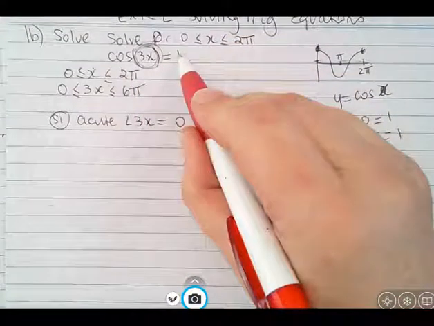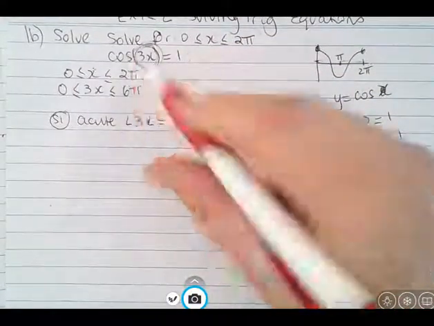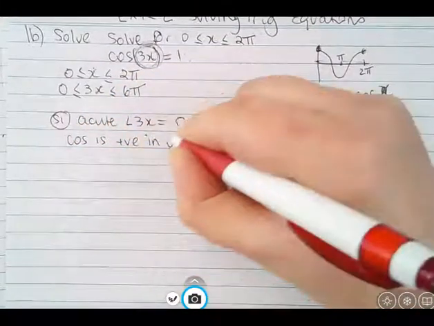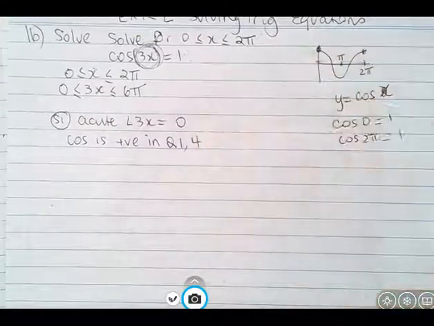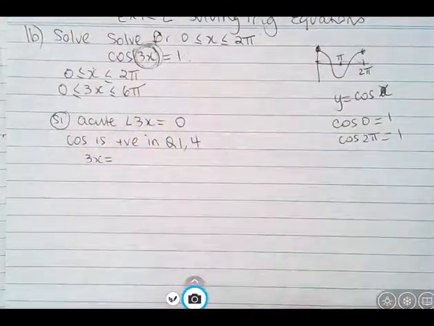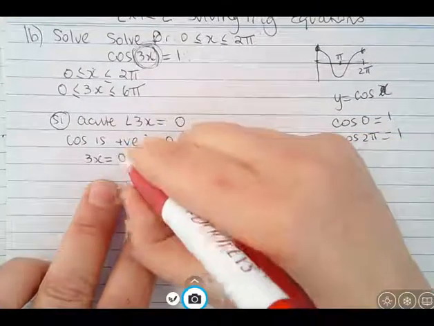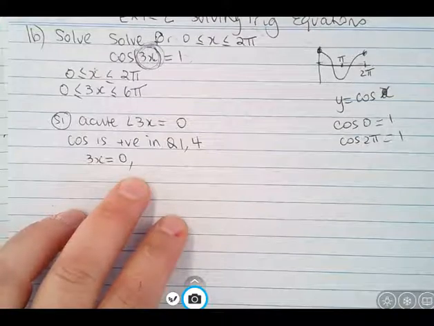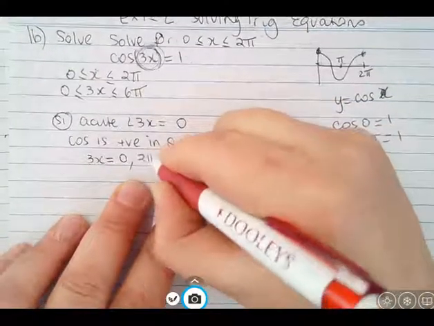Now, is cos positive or negative? So cos is positive in which quadrants? In quadrants 1 and 4. So what are my solutions? So 3x is, quadrant 1 is the 0, and quadrant 4, isn't that 2 pi minus 0? 2 pi minus 0 is 2 pi.